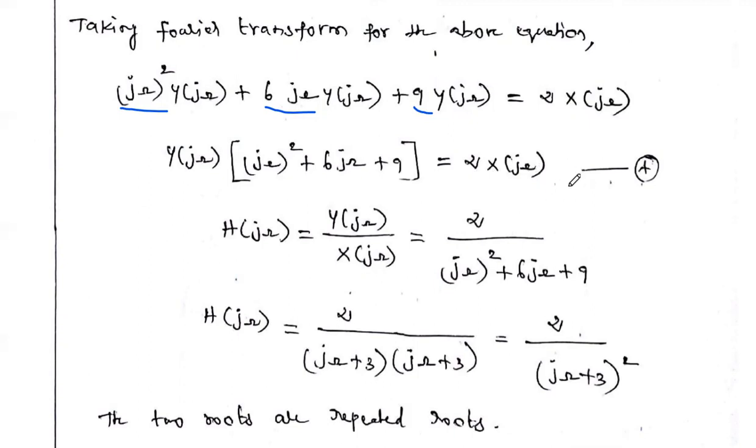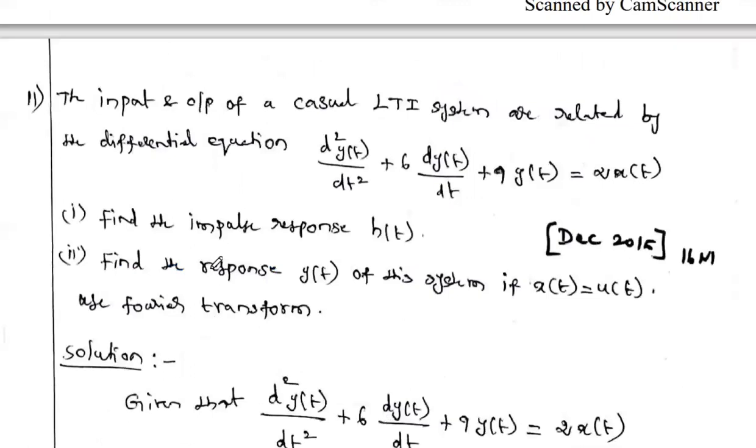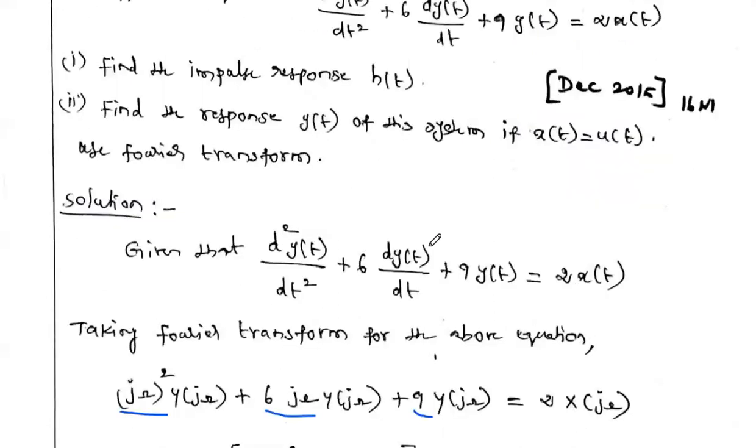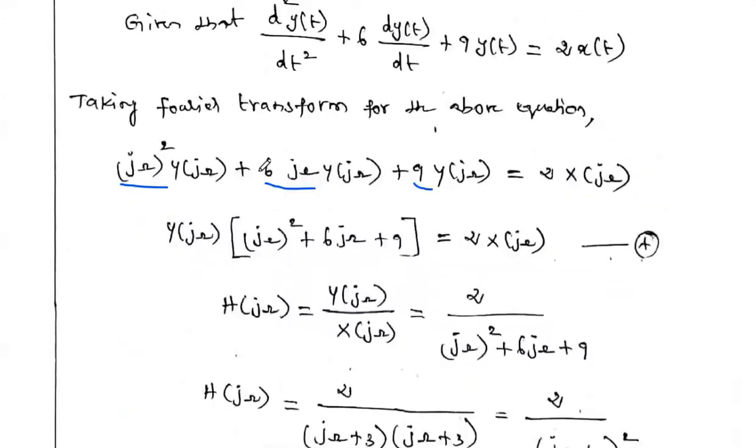Our first question is that we have to find the impulse response h of t. What is meant by impulse response? The impulse response h of t is nothing but the inverse Fourier transform of the frequency response capital H of j omega. So first, from this equation, we have to calculate Y of j omega divided by X of j omega, the Fourier transform of output divided by the Fourier transform of input.